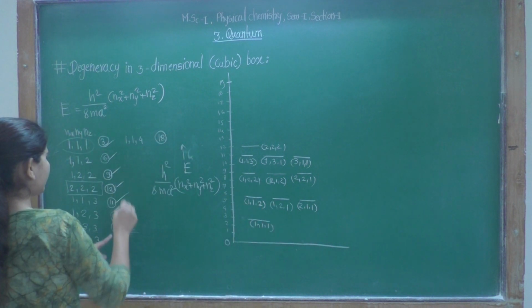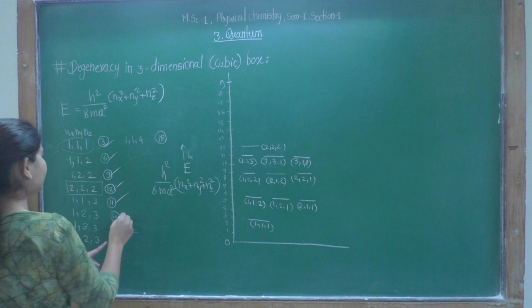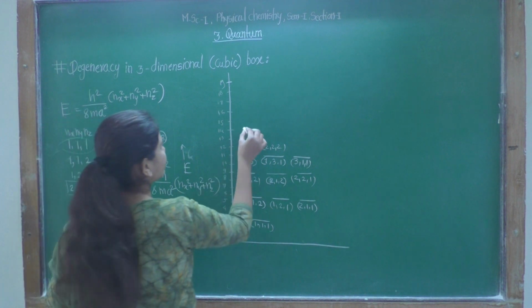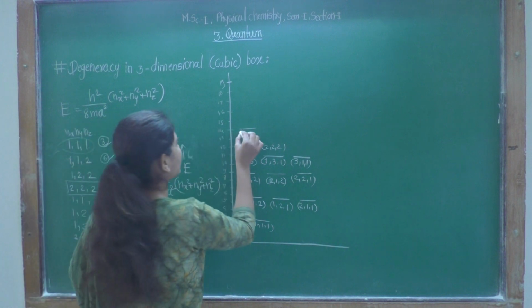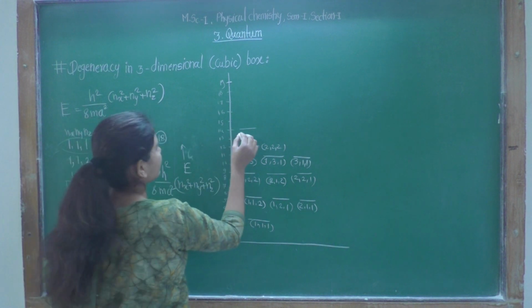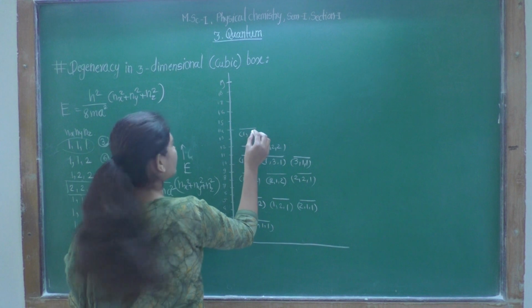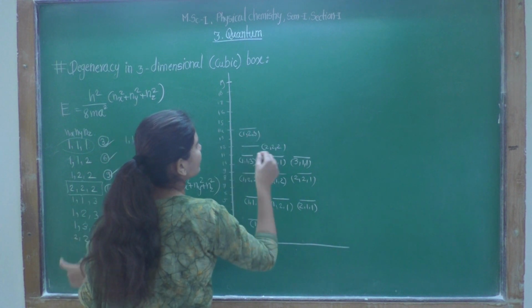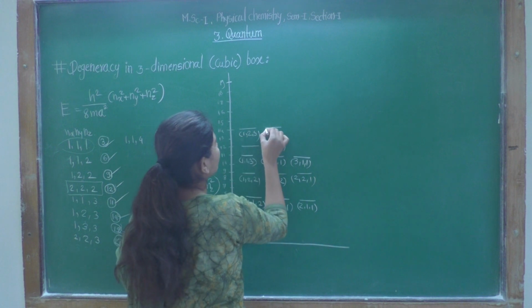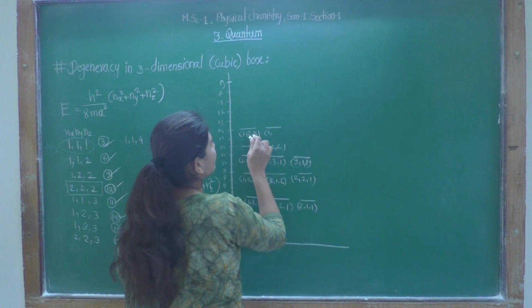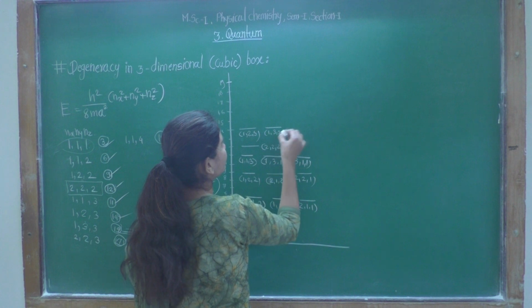Again 11, 12, then 13 is not there, directly 14. So for 14, see here all three are different. Let's see how many energy levels, or how many combinations, we can make. 1 2 3. So first of all we write 1 as it is and just recombine 3 2.